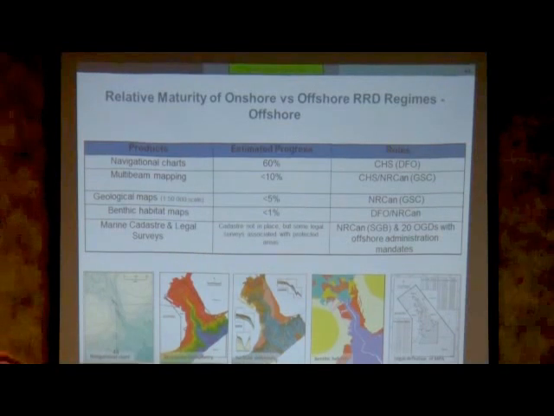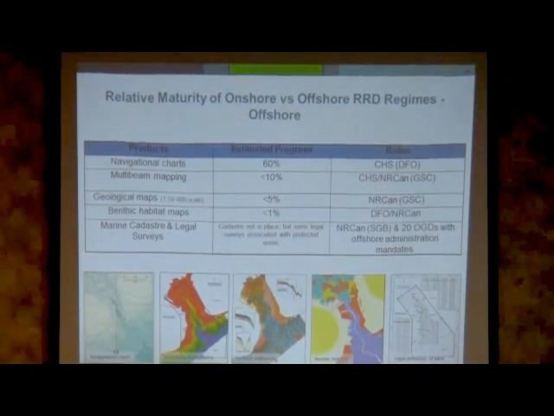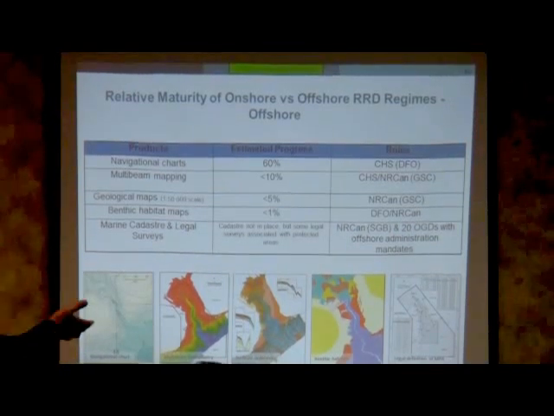Geological maps at the scale that I have shown, 1 to 50,000, cover less than 5%. Benthic habitat is less than 1%, because it's a pretty new discipline in general. So how can we manage the offshore if we have so little knowledge? In Google Maps, you can open up Street View and look at your cat in the window. In the ocean, it doesn't happen, right?